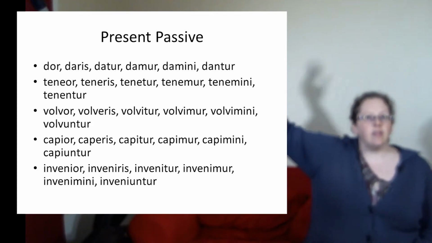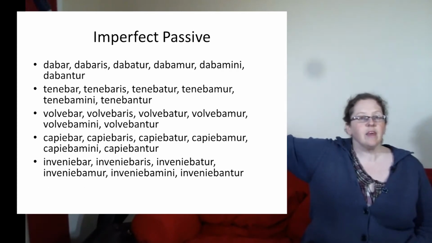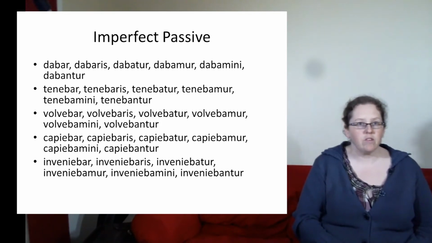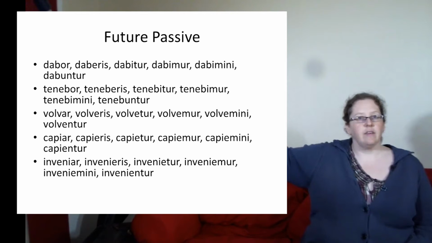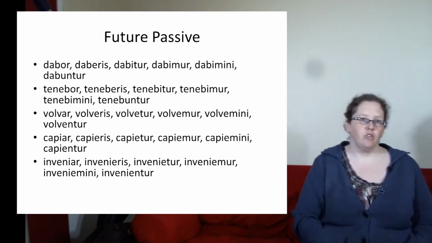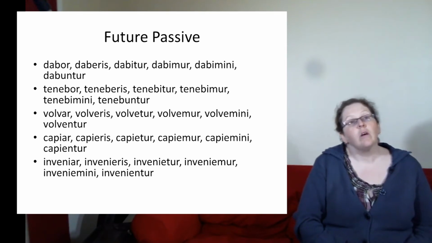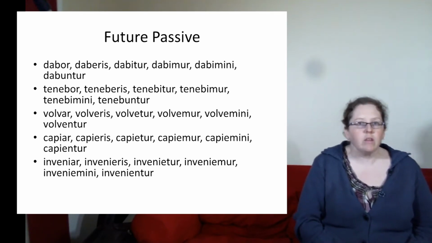And then this slide has the same verbs conjugated in the imperfect, and this slide has the same verbs conjugated in the future. You can, of course, pause and take a closer look at those slides if you want, or I have put the slideshow up on Moodle, so you can always go back and take a look at it again.